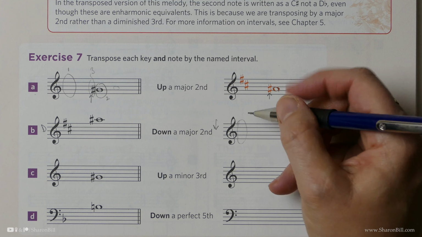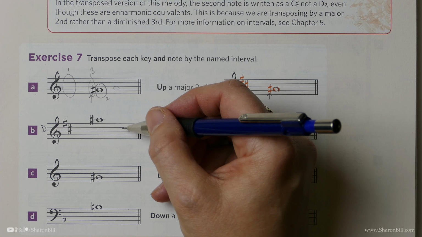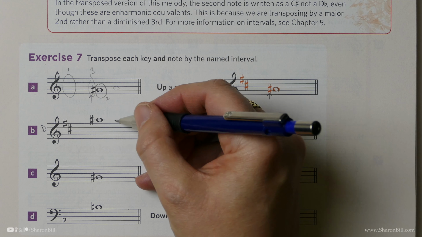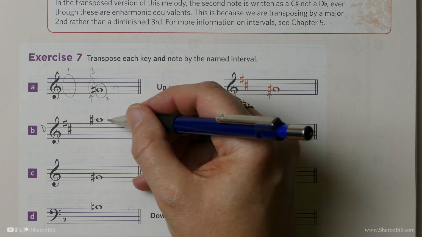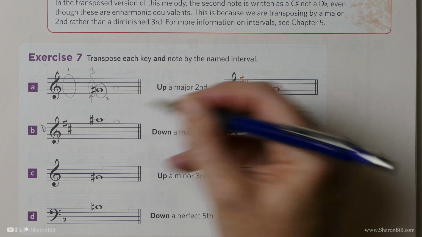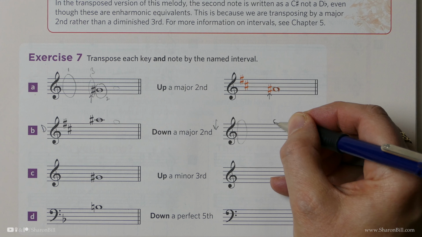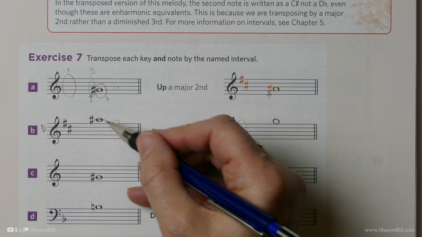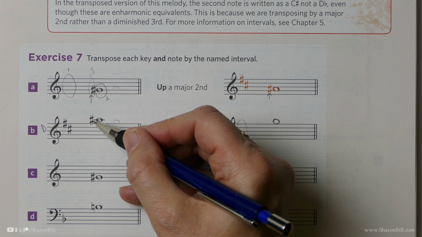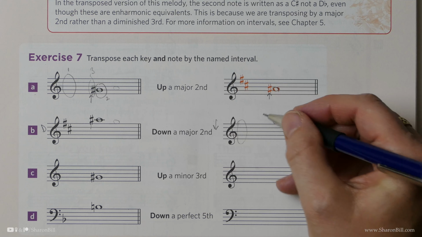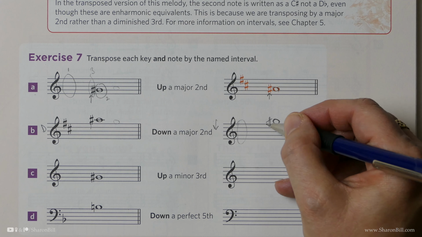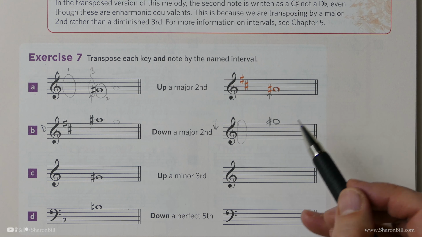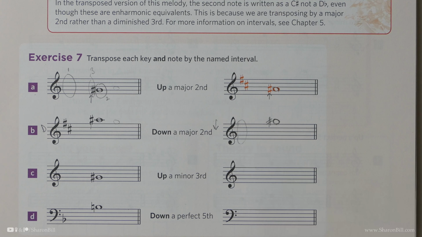And so now we want to go down a major second, and so down a major second takes us from the A down a step to the G, so we're going to go to the G. And then here, this has been raised by adding a sharp, so we're raising it by a semitone, and so we raise this also by a semitone. And so actually here we can see that we've got the raised seventh in A minor.